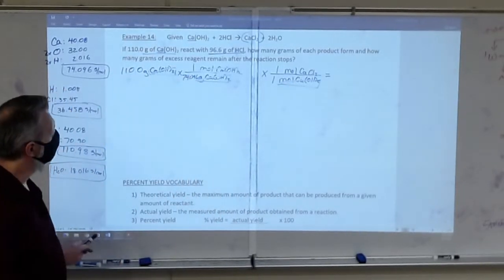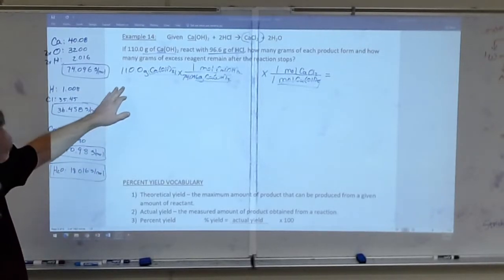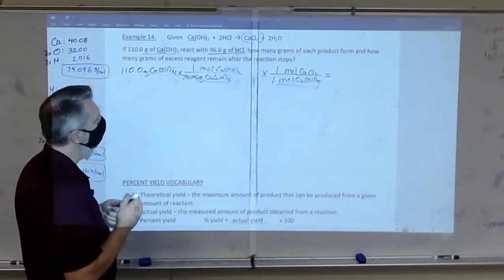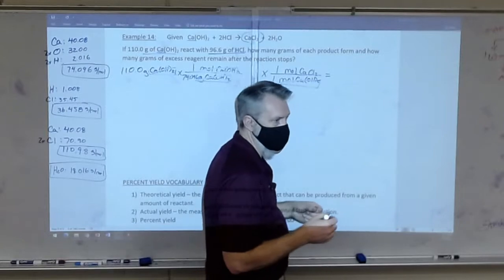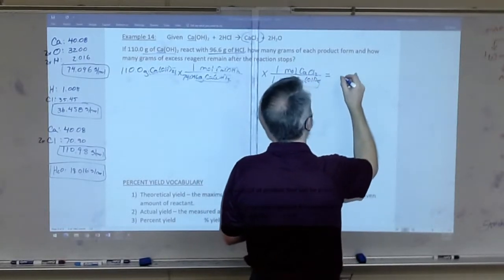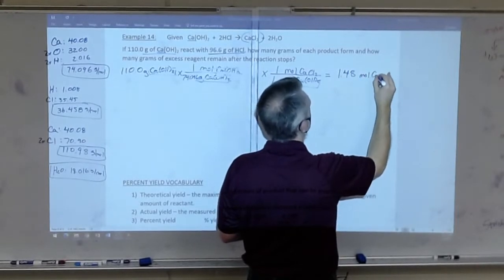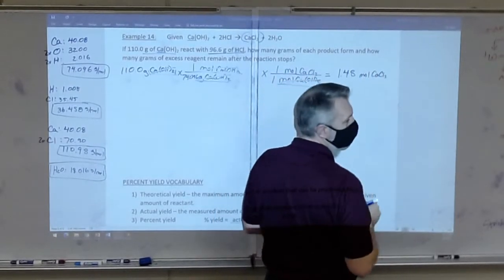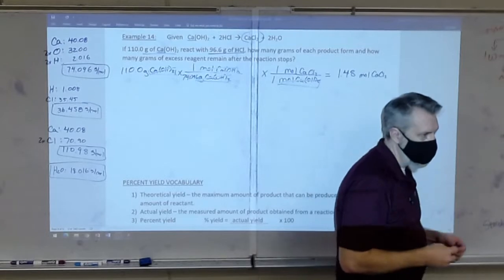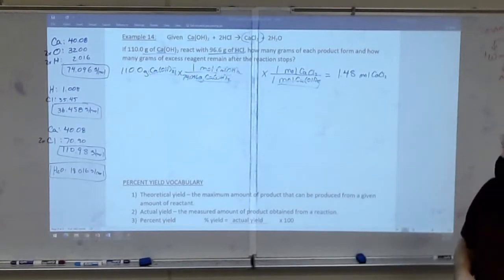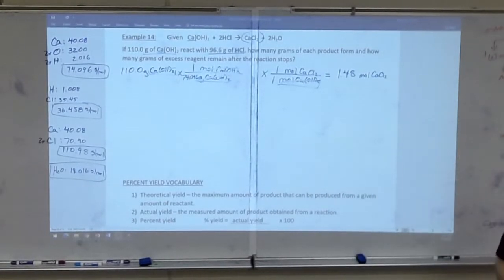So somebody go ahead and do that on the calculator. 110 divided by 74.096. Y'all okay? So I have 1.48 moles of calcium chloride.